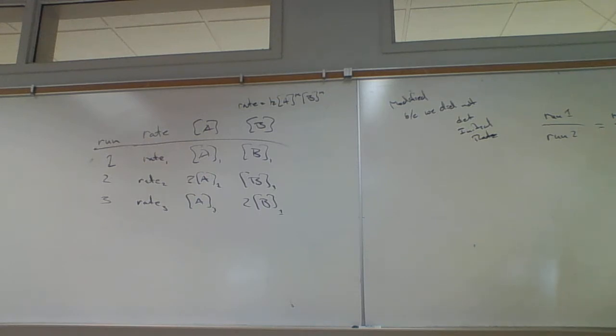And rate 2 is k, A to the m power, B to the n power. Now, the concentration of A in run 1 and the concentration of A in run 2 are the same. We didn't change the concentration. The concentration of B in run 1 is not the same as the concentration of B in run 2.